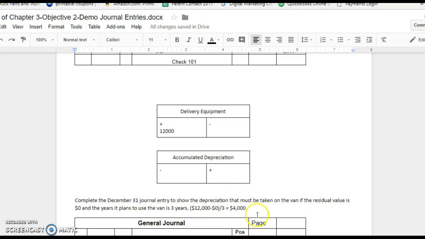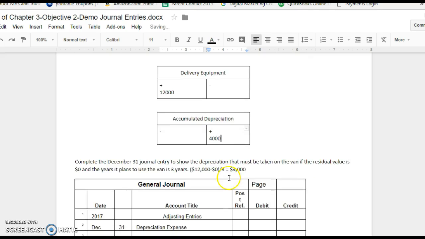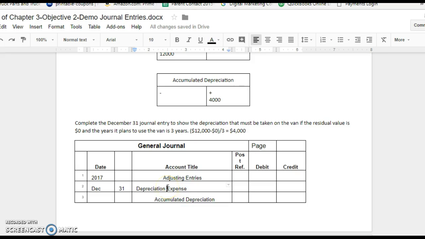So you need to expense $4,000 of this every year. And that's where we will credit our accumulated depreciation and then debit our depreciation expense for $4,000, because we've used that equipment to actually generate revenue, so we do have to expense it.